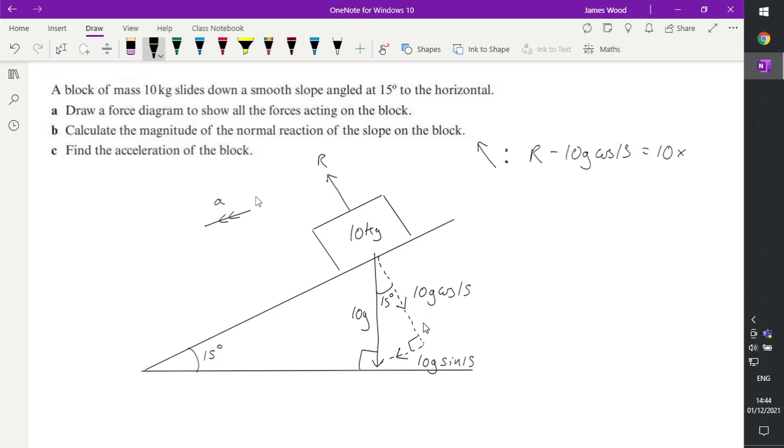It's not lifting off the plane. Okay, so I could have just written R minus 10g cos 15 equals 0, or you could have even gone straight to R equals 10g cos 15, because this force is balanced with this force. So now I can find R. So that's 10g cos 15. That gives me 94.7.